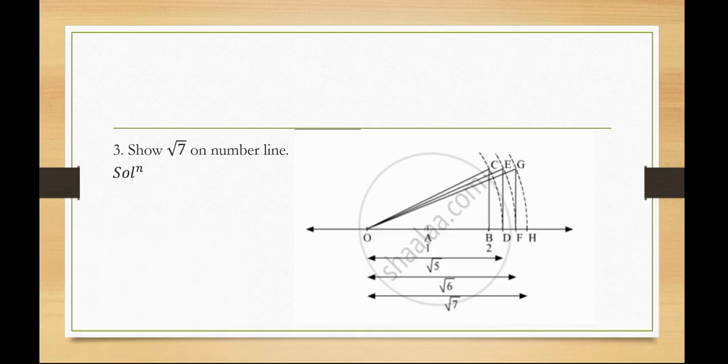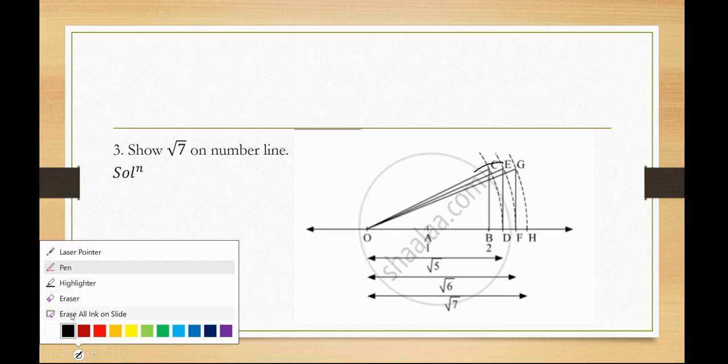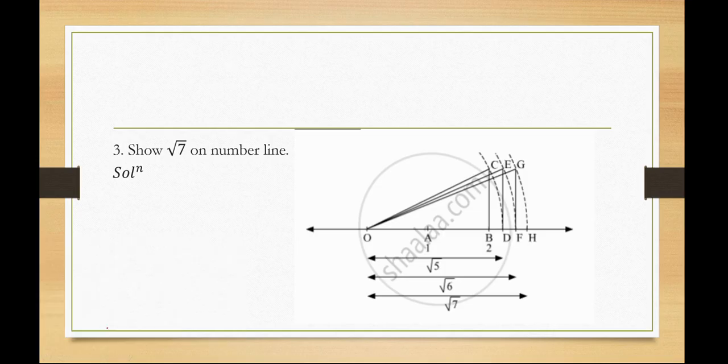Your arc will form on this side. Wait, let me change the ink. Your arc will form here at the C. This AB is also equal to BC.